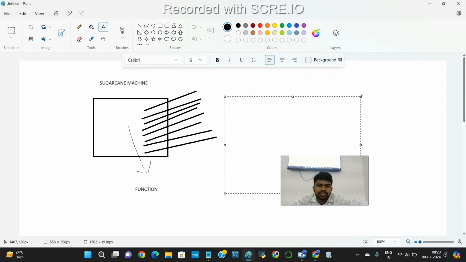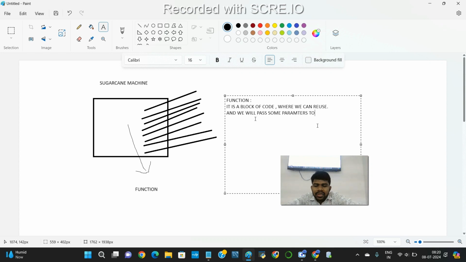A function is a block of code which we can reuse, and we will pass some parameters to get the output, to get the desired result.